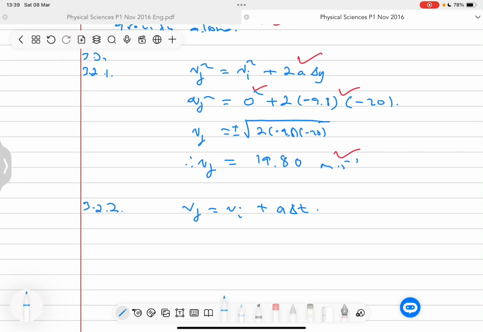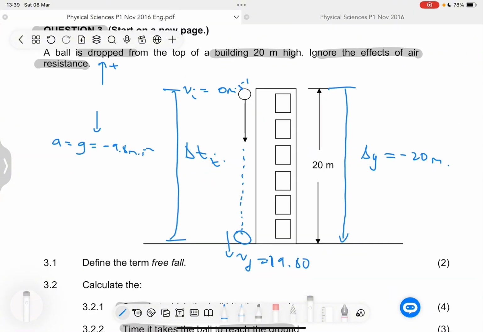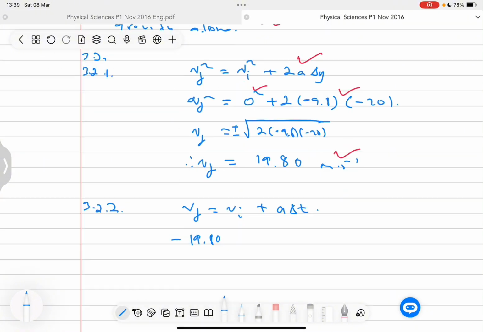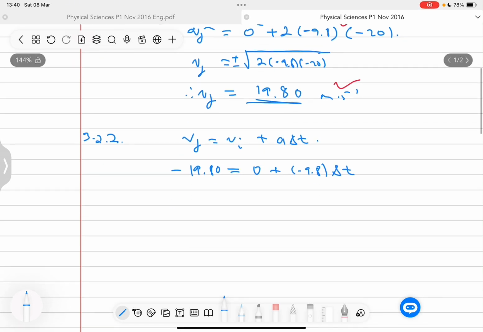We know the final velocity will be negative 19.80, because the vector points in the downward direction. The initial velocity is 0, and here we have negative 9.8 and the change in time.